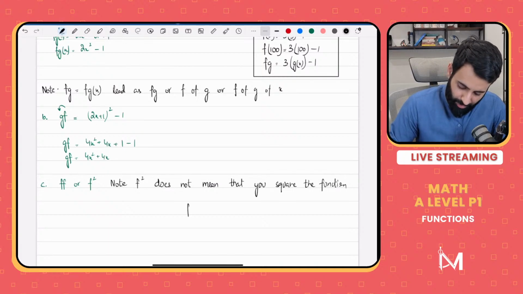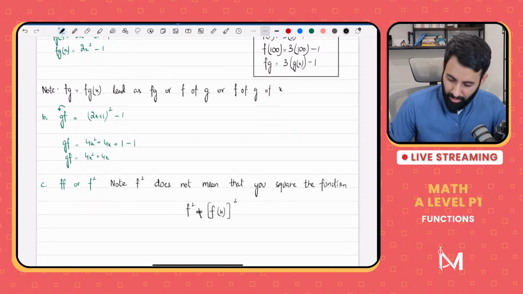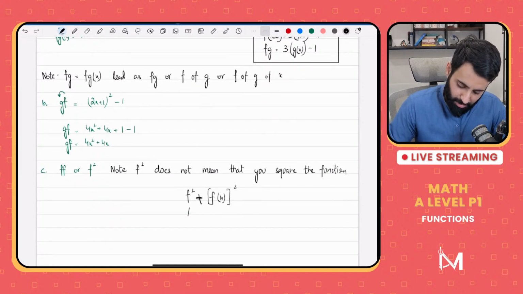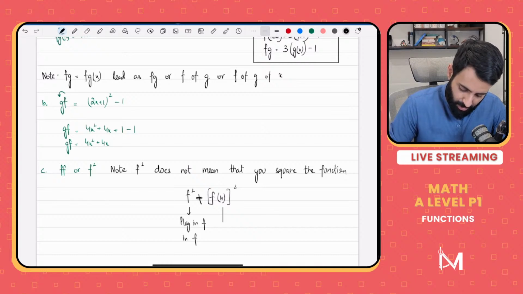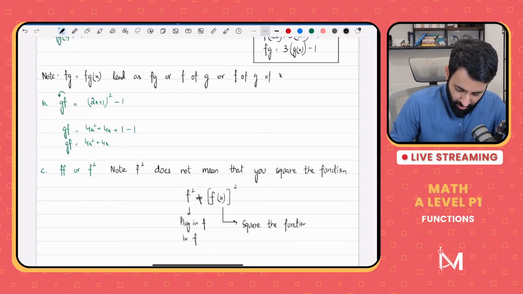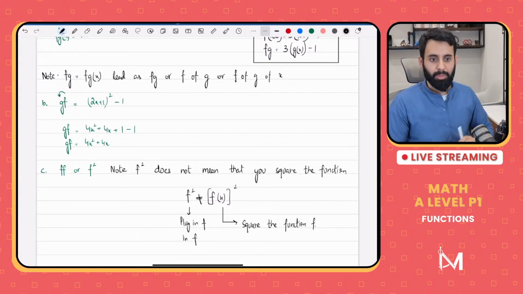So f squared is not equal to f of x, the whole thing squared. F squared means that you plug in f in f, whereas this other one means that you square the function f. Make sure that this difference is clear to all of you.